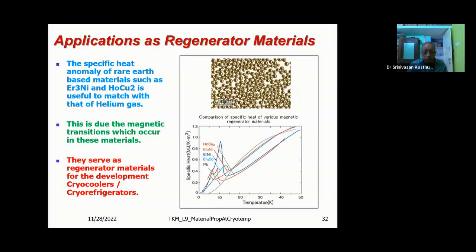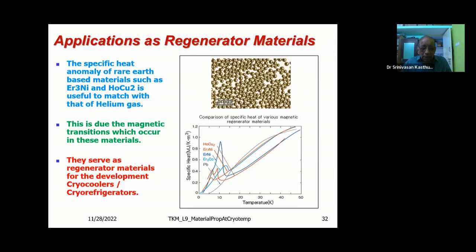If you consider a regenerator material, the heat has to be kept inside the material in one part of the cycle, and then heat has to be collected in another part of the cycle. So obviously, there is a need for increased specific heat in the regenerator material which is used for low temperatures.